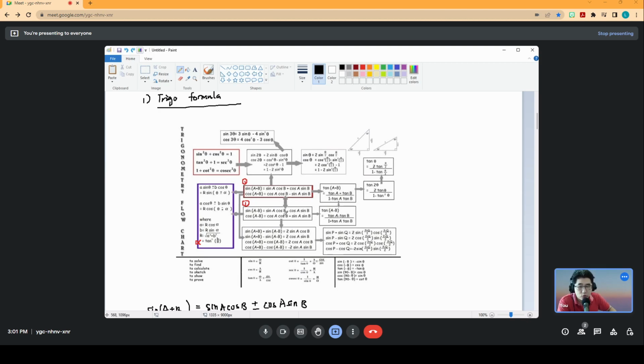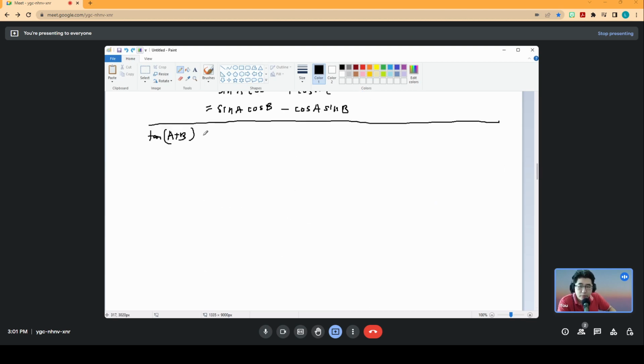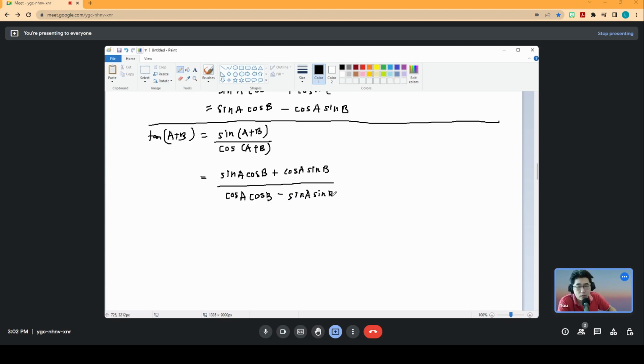Okay, so you can see that these two start together, then comes the direction of the arrow here. Tangent of A plus B, according to P1, is sine of A plus B over cos of A plus B. Therefore, we can use the formula that we have just found above: sine A cos B plus cos A sine B over cos A cos B minus sine A sine B. Now I'm going to make them all into tangent.